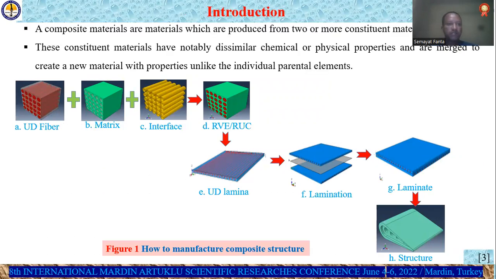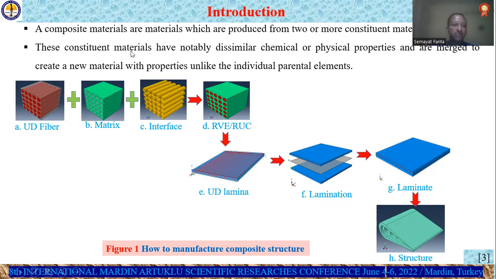So, as we know, composites are material systems composed of two or more constituents, and the combination of these two or more dissimilar constituents yields composite material. What are those two constituent materials which we are basically using?